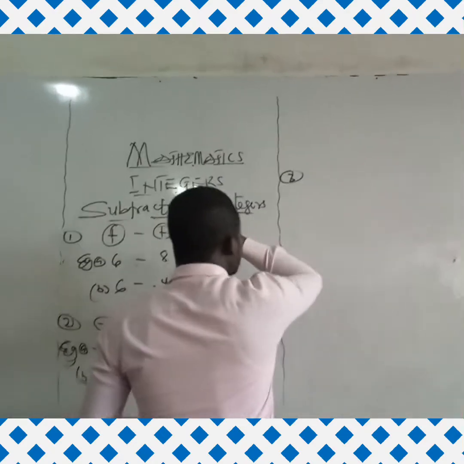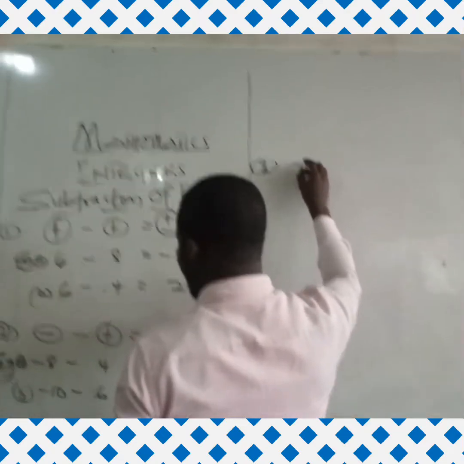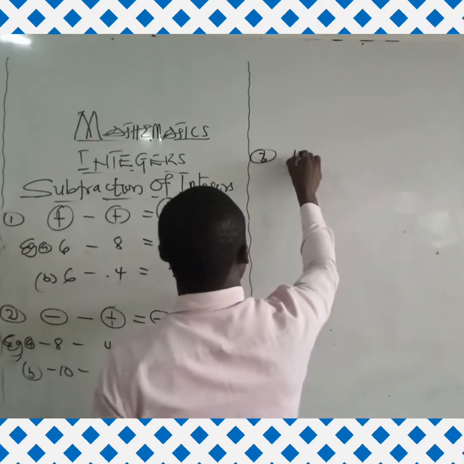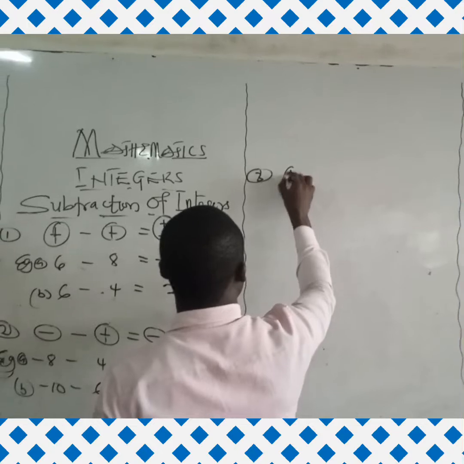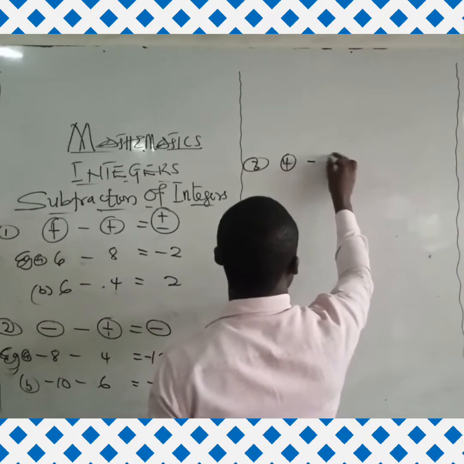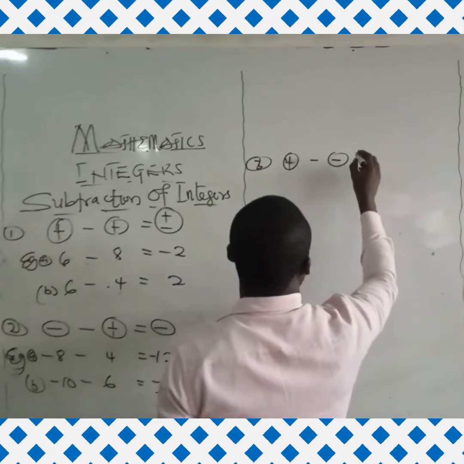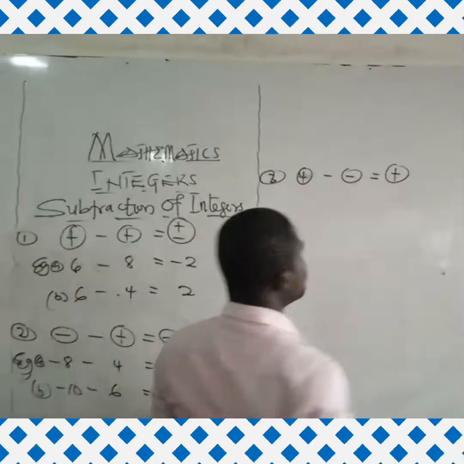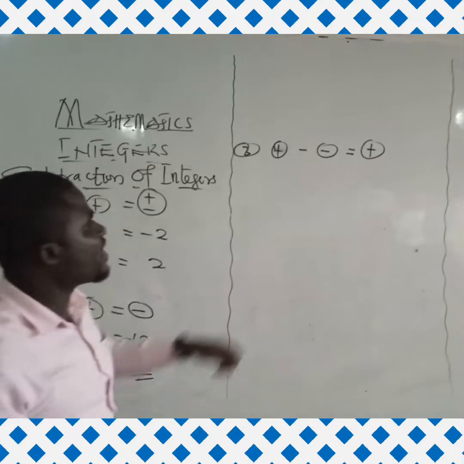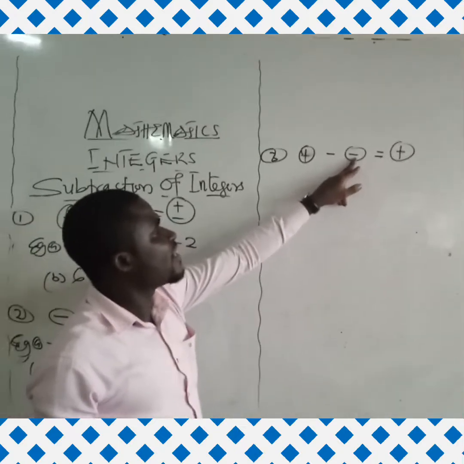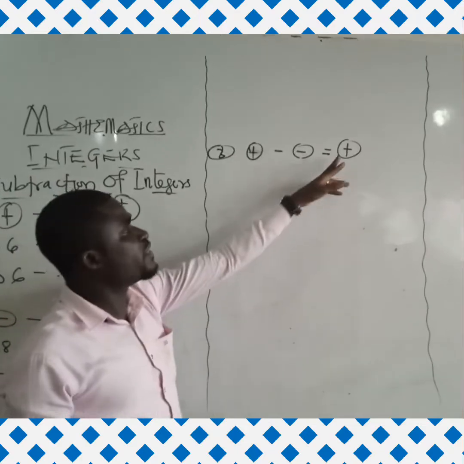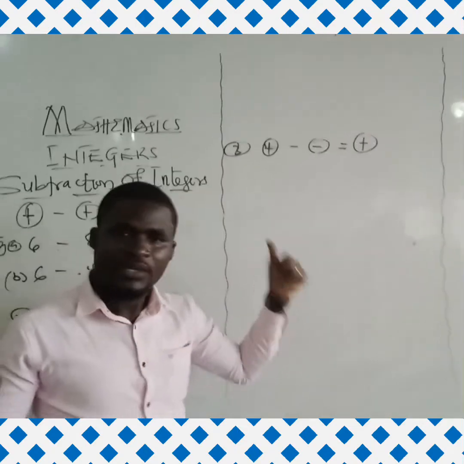Okay, let's go to the third one. Third one says positive minus negative will give us positive. Whenever you subtract a negative number from a positive number, the result will always be positive. Let's prove it.